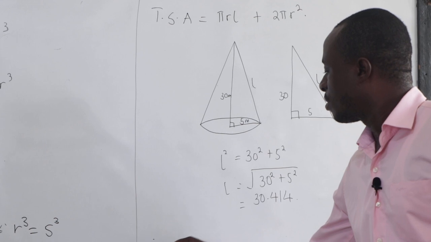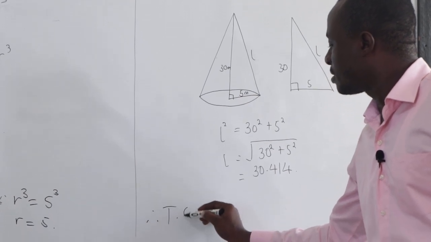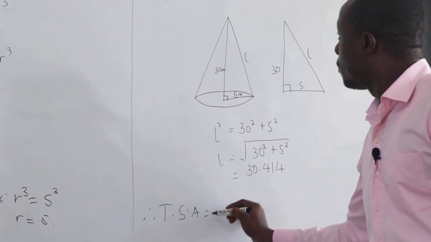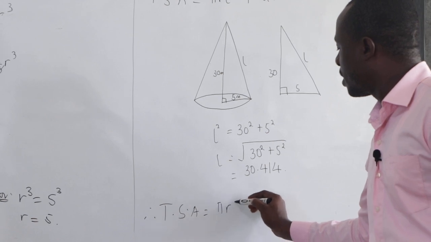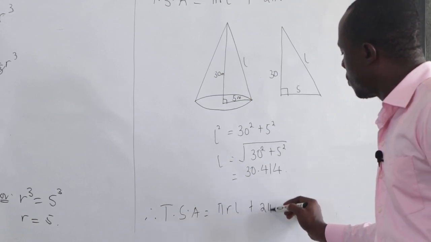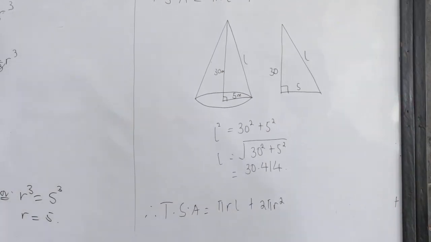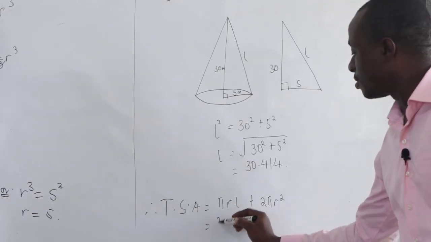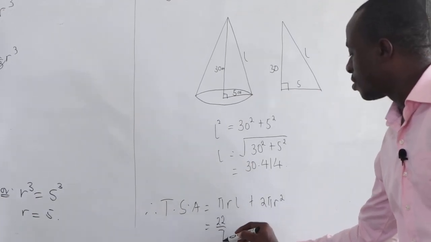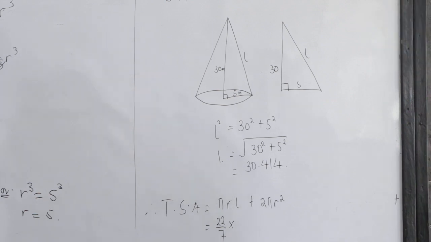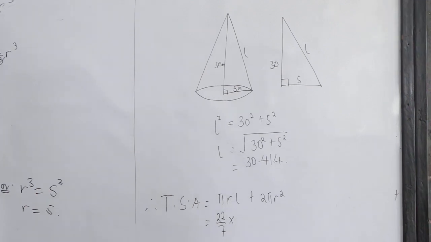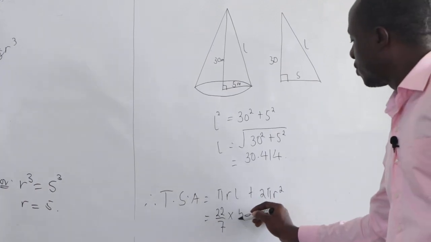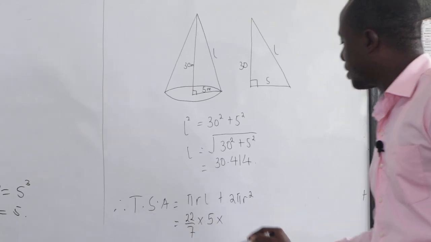Therefore, our total surface area, we know, is pi RL plus 2 pi r squared. What is pi from the question? 22/7. What is the radius? The radius is given, we had the radius to be 5. What is the slant height?